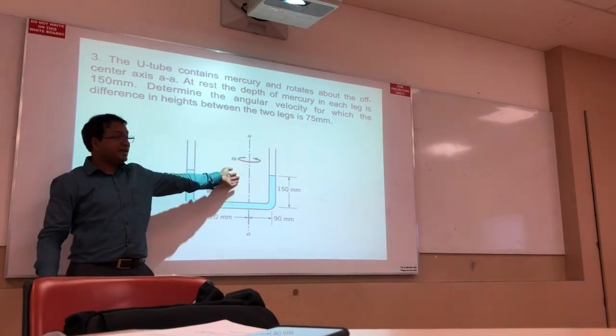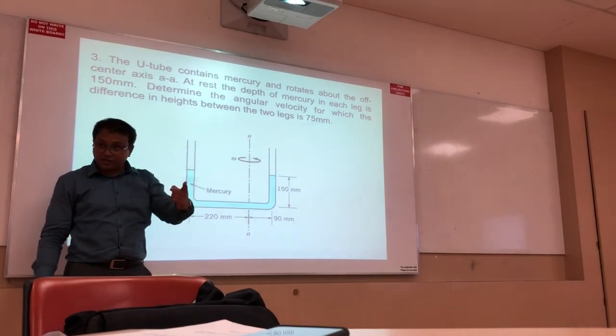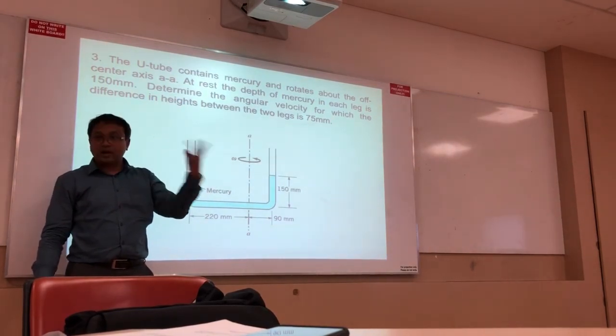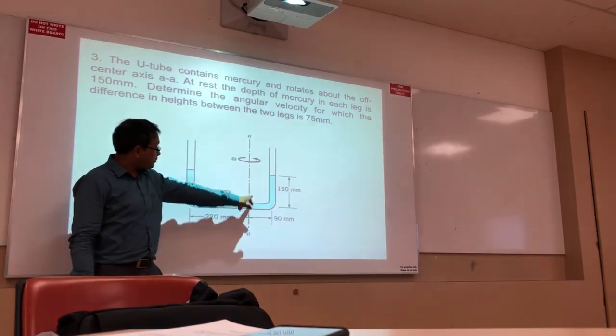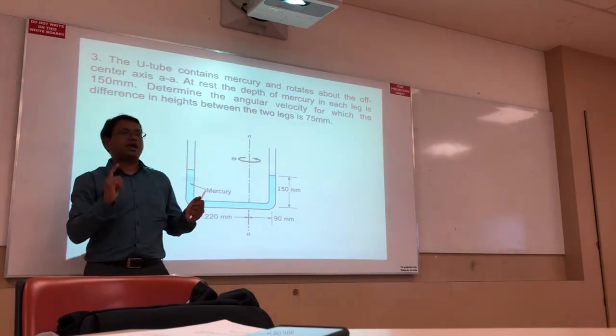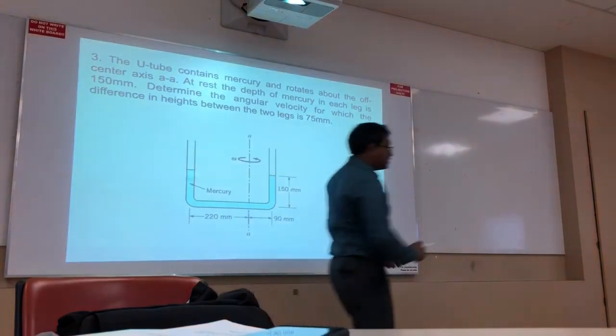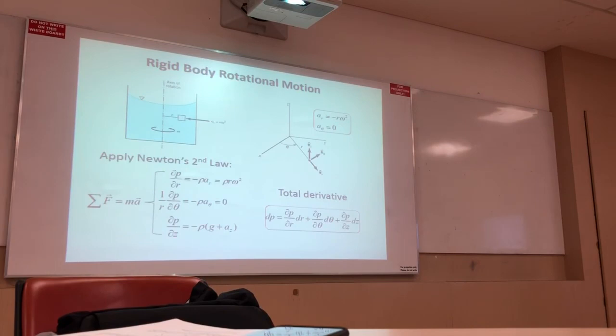Done. So in that case, I can say the pressure is a function of R direction, Y direction, Z direction, X direction. Done. And also some angle, right? When it is moving, it creates one angle. Right? Angle. So now you can see it is a function of R direction, Z direction, and angle theta direction.